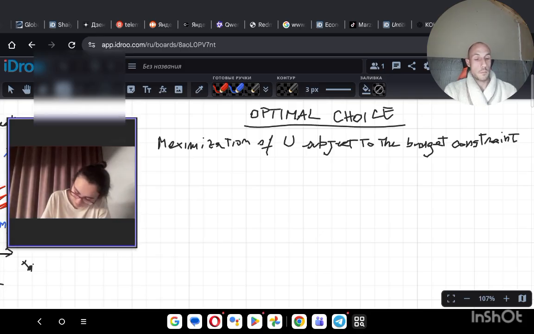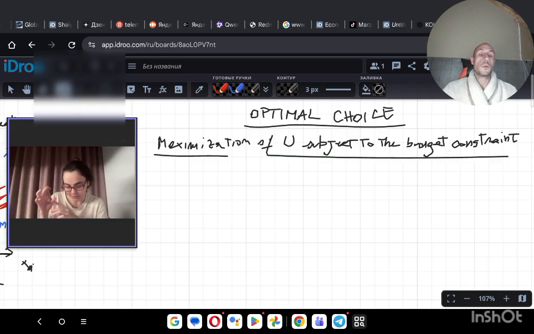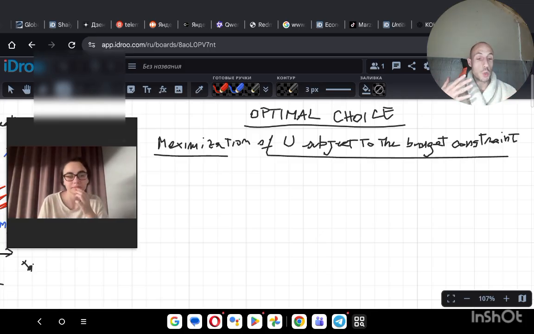So basically, it's the maximum satisfaction we can get for our money. Your budget allows you to choose a lot of possible combinations, but you are going to pick the one, under standard preferences, that has the maximum utility.